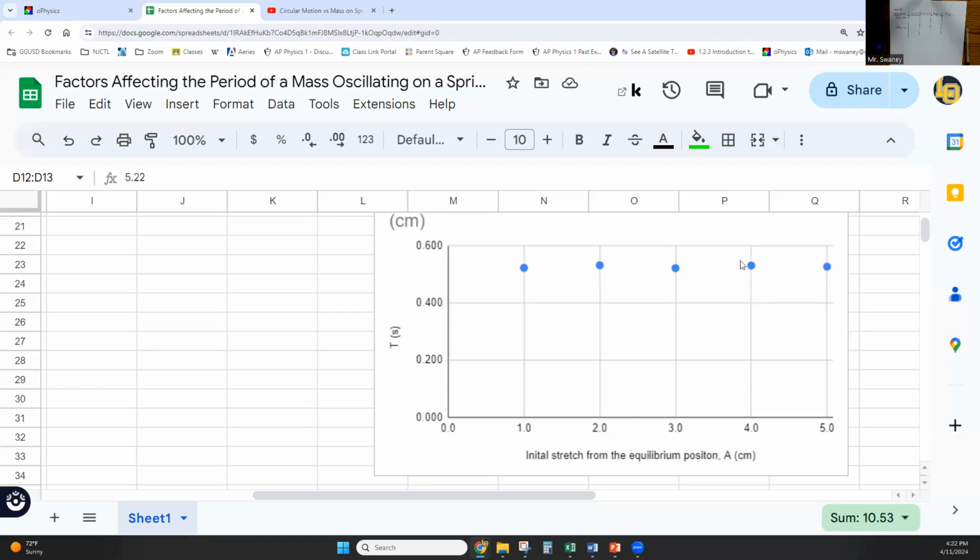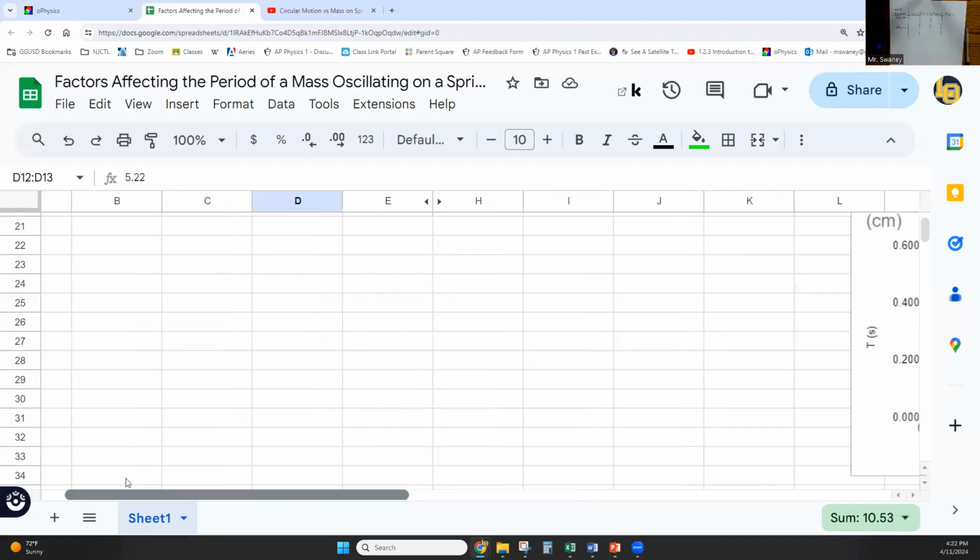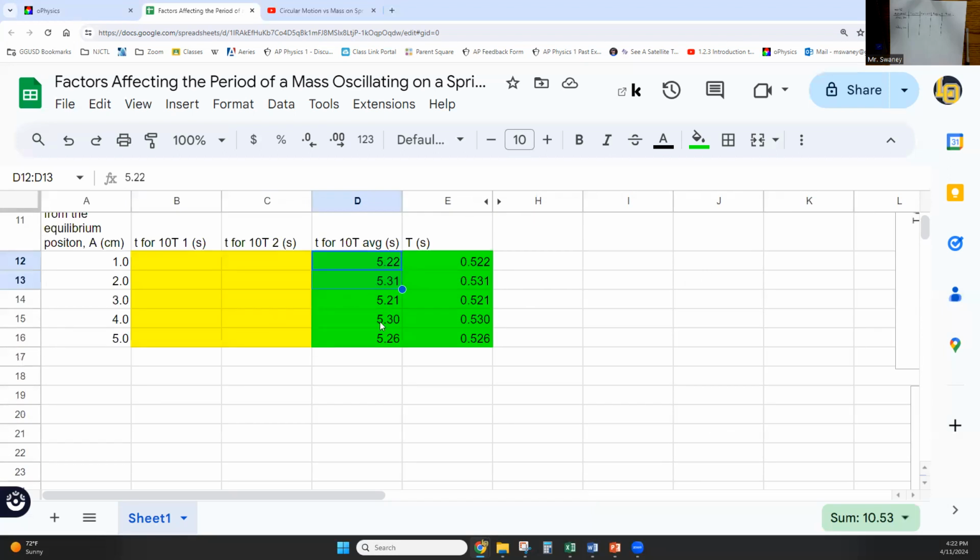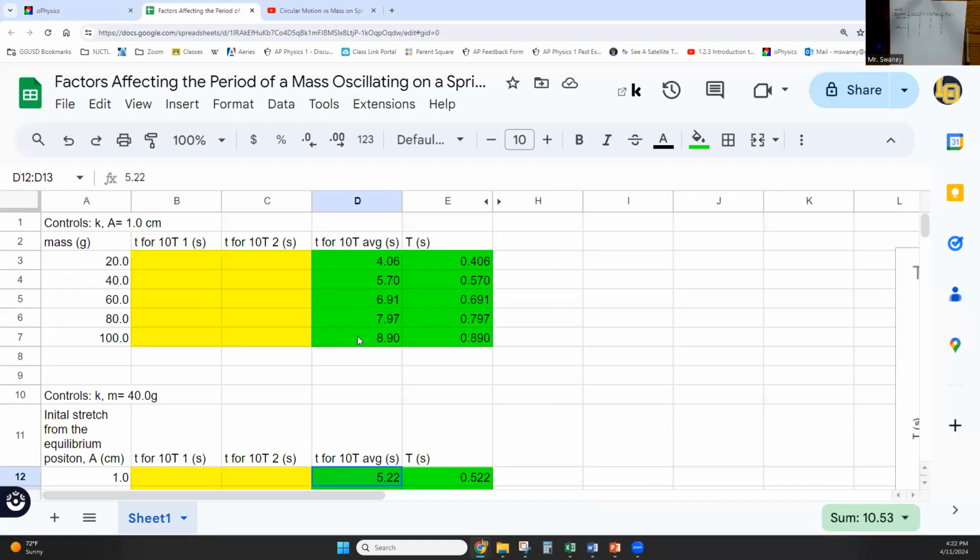Nothing really. It stays constant. So what's the relationship between these two? The period is unaffected by the amplitude. It's unaffected by the initial stretch from the equilibrium position. The period pretty much just stays the same, perhaps shocking to you. So the period is not a function of the amplitude.